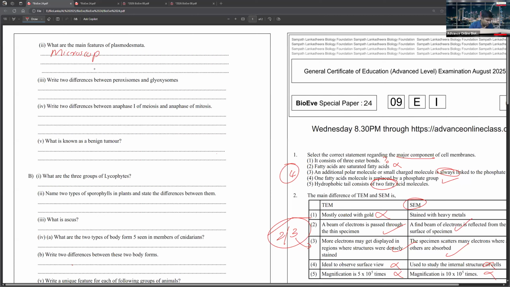Wrong. Right? They are asking two. Anaphase of mitosis. Now we can say centromere splitting, but it's the same point, no? Centromere splitting, no centromere splitting.